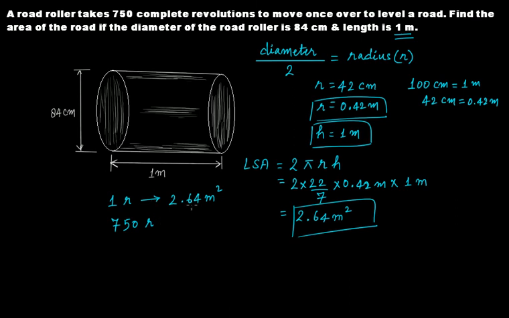In 750 revolutions it will be 2.64 multiplied by 750 meter squared. This will be the area of the road covered by this road roller in 750 complete revolutions, and this will be equal to 1980 meter squared.